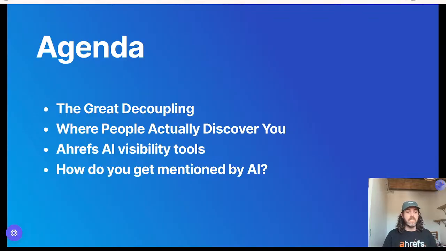And then finally, we are going to touch on some of the ways you can get mentioned by AI, but it's not going to be a full webinar. This could be a whole series of webinars, so we do not plan to go into great detail. We're going to cover a couple of tips and then give you some supporting information. Our team have done some really good work on this, and we will probably do a dedicated webinar on this at some point in the near future.